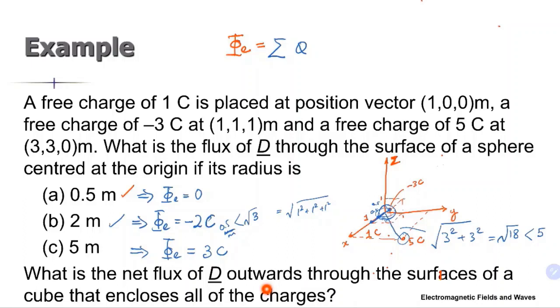Second case, you have 2 charges, one of 1 coulomb, the other one of minus 3 coulombs. So the total charge enclosed is minus 2 coulombs. And the third one, you have 3 different charges enclosed, and therefore you have 3 coulombs. The electric flux is equal to 3 coulombs.